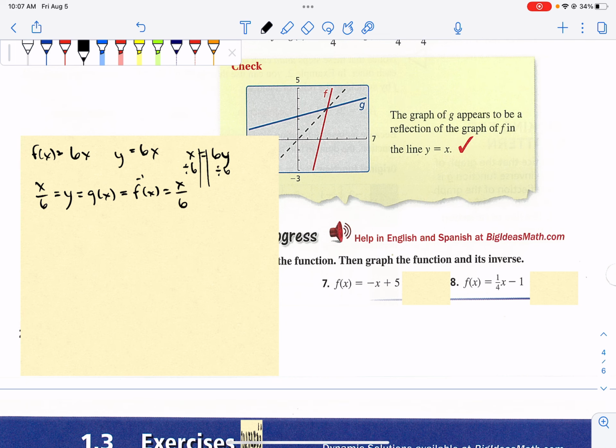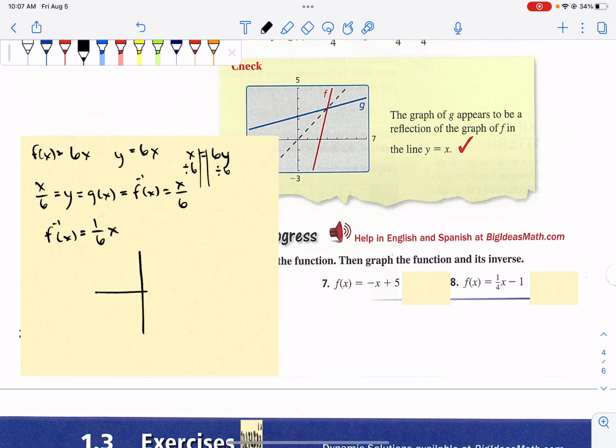So to undo my function f, I'm going to use x over 6. I like that a lot better. Because it wants us to graph this, it might be easier if you wrote f inverse of x like this, 1/6 x.